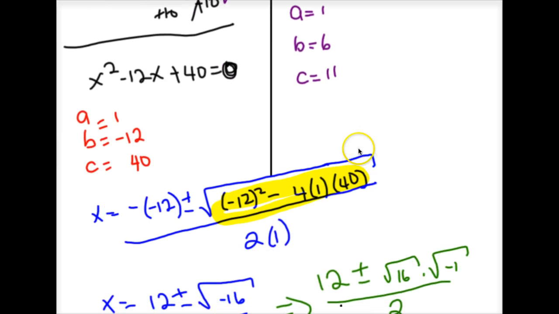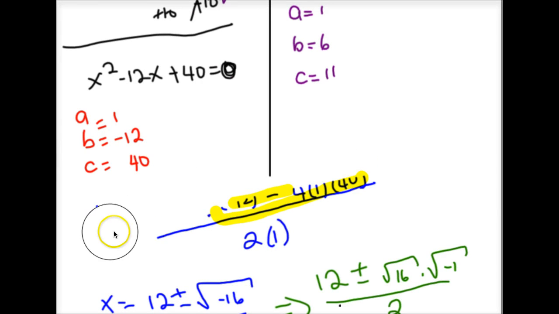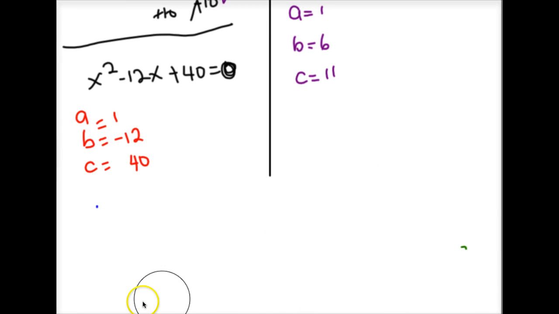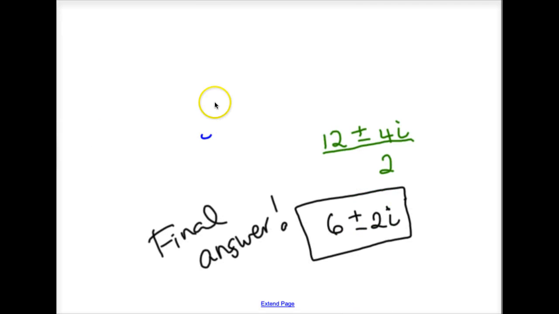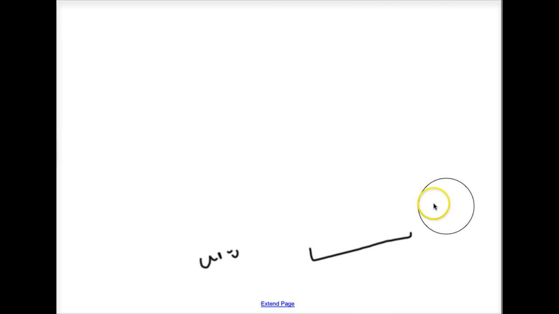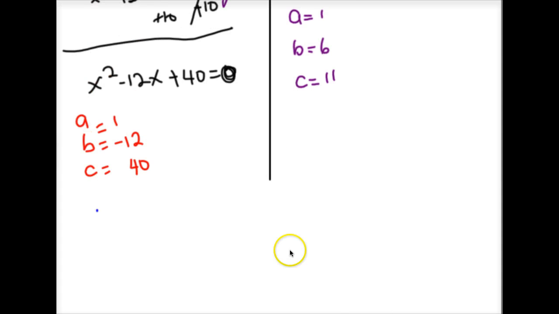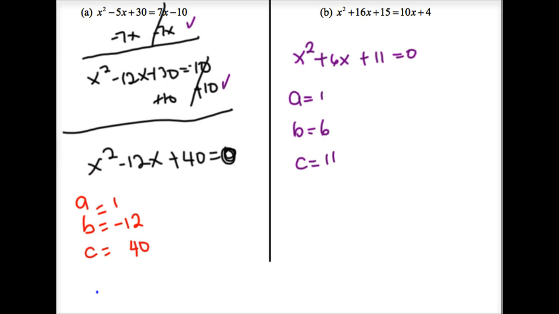My first step. And let's get rid of this so I have some space to write. You should have copied this already. If not, go back in the video and make sure you get these done. Okay, quadratic formula.